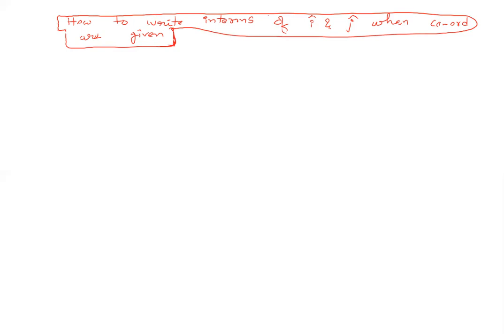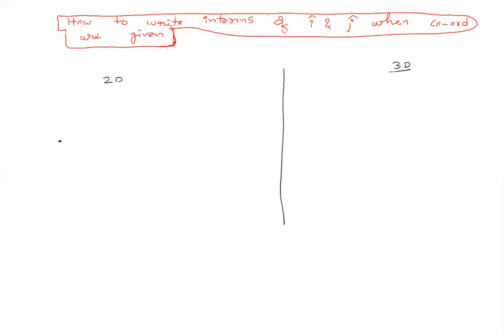Now when coordinates are given in 2D, how do you write it? In 3D, how do you write it?